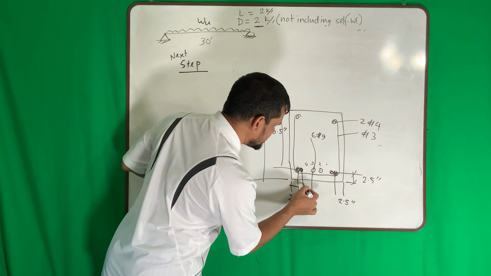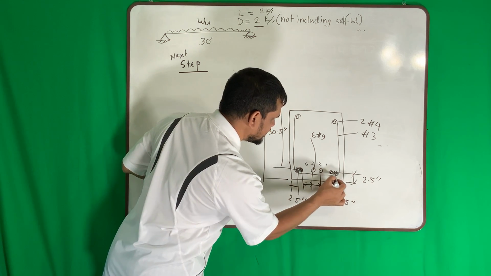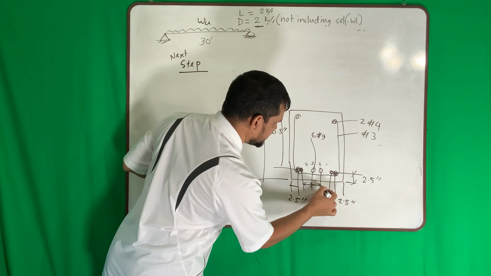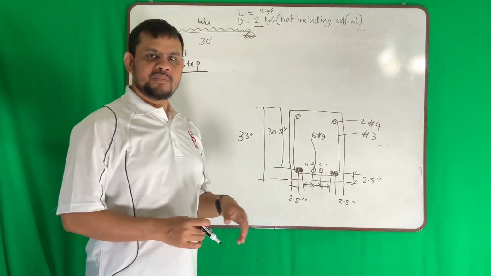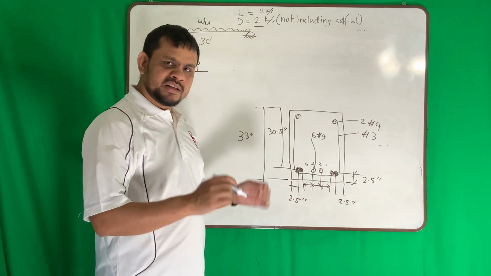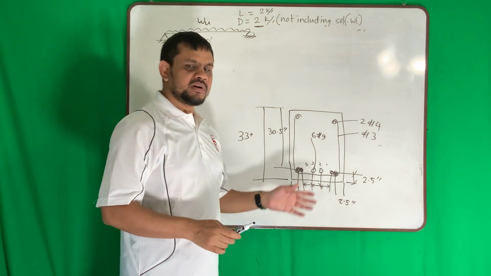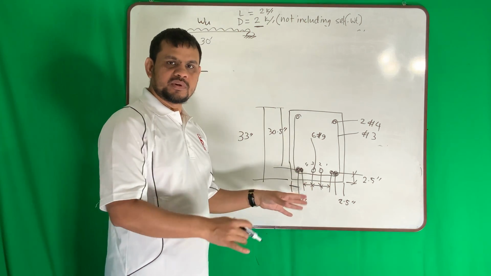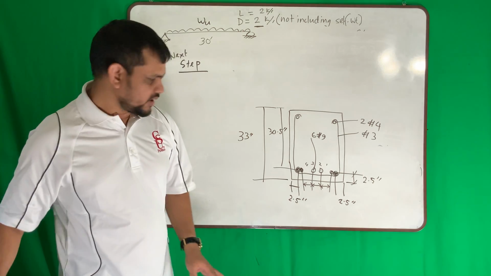What is this distance? What is this distance? And from here to here, this distance. Now, which dimension to provide, whatever is needed to place the bar inside, so that when the labor will place the reinforcement, they know where to place it.